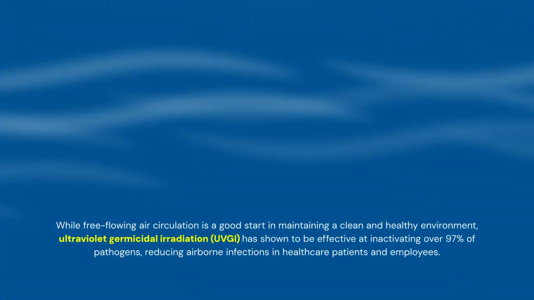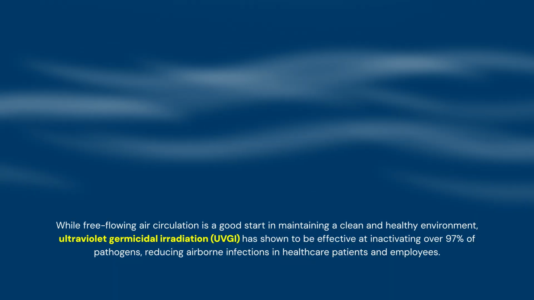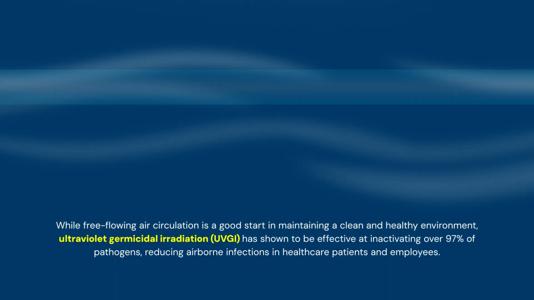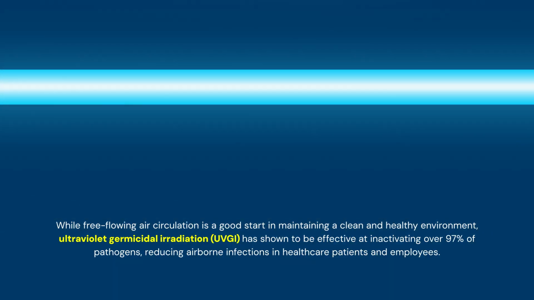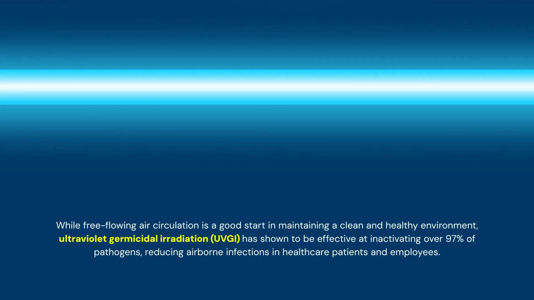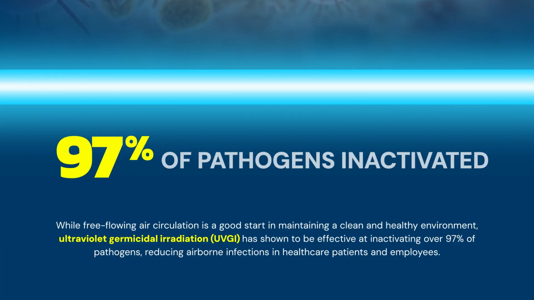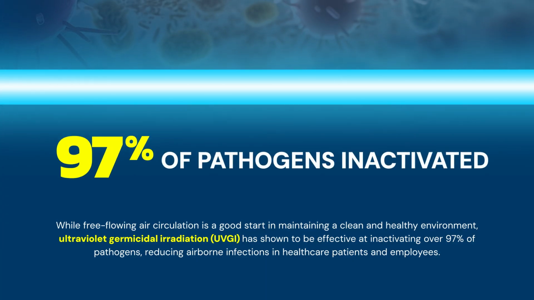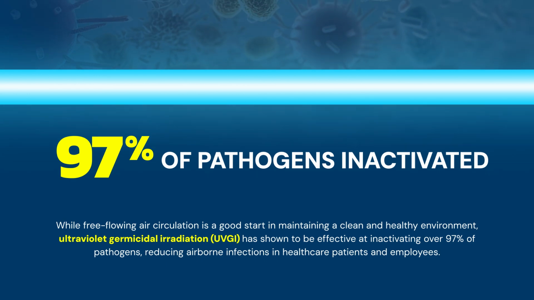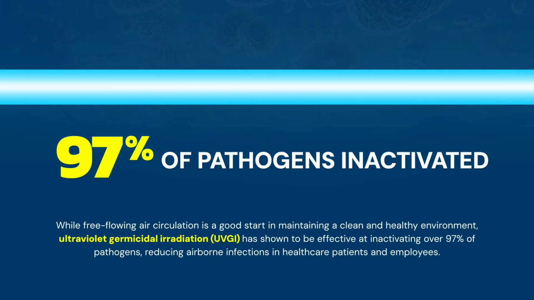While free-flowing air circulation is a good start in maintaining a clean and healthy environment, ultraviolet germicidal irradiation, UVGI, has shown to be effective at inactivating over 97% of pathogens, reducing airborne infections in healthcare patients and employees.